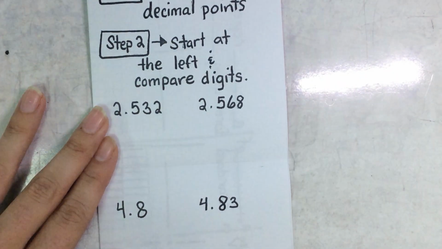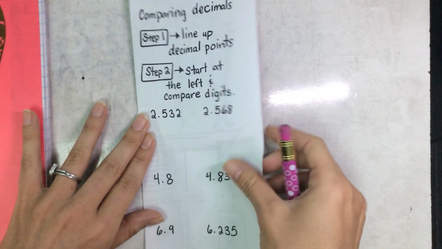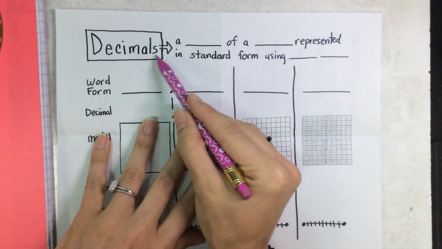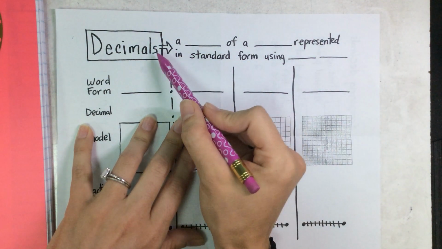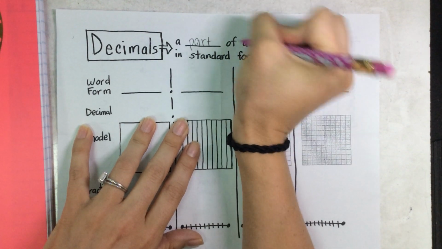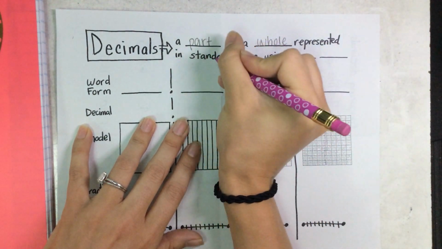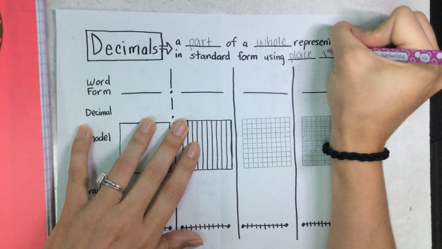Again, we're going to skip this comparing part, save that part for later, and let's jump into the inside. So, decimals. Again, this is another definition for it: a part of a whole represented in standard form using place value.